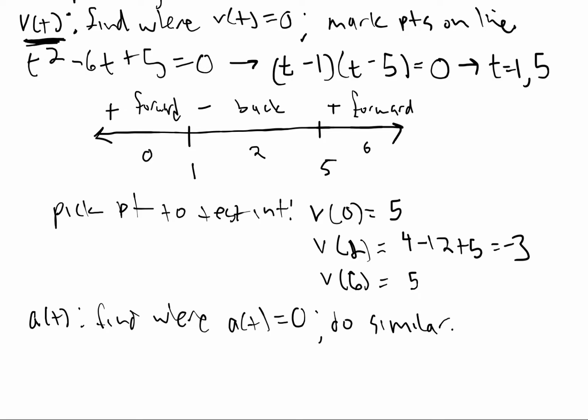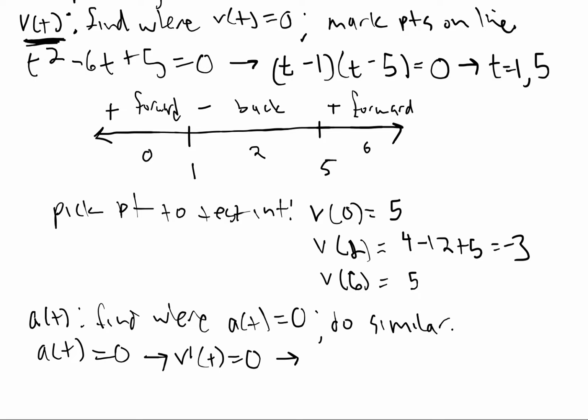Now, a of t is basically the derivative of your velocity function, so that's what I want equal to 0.